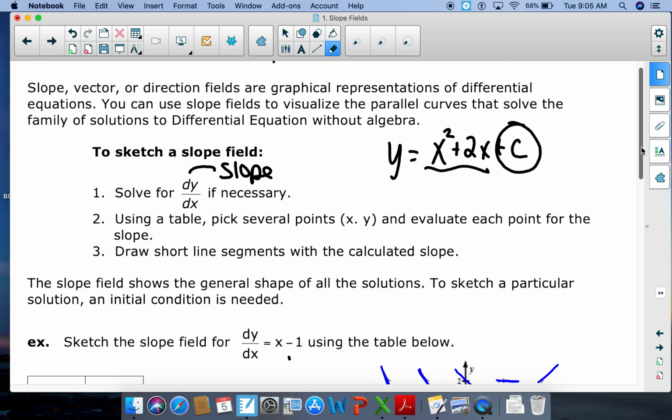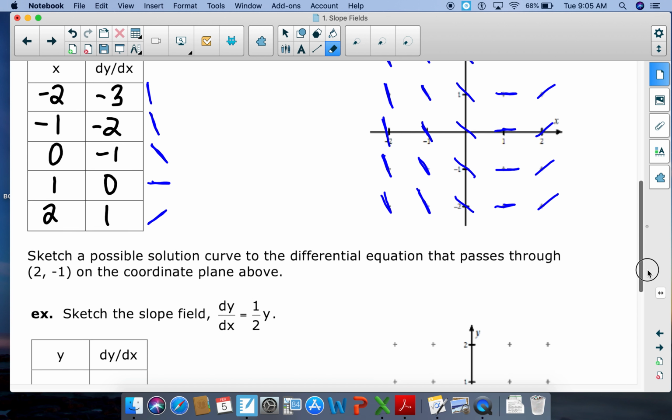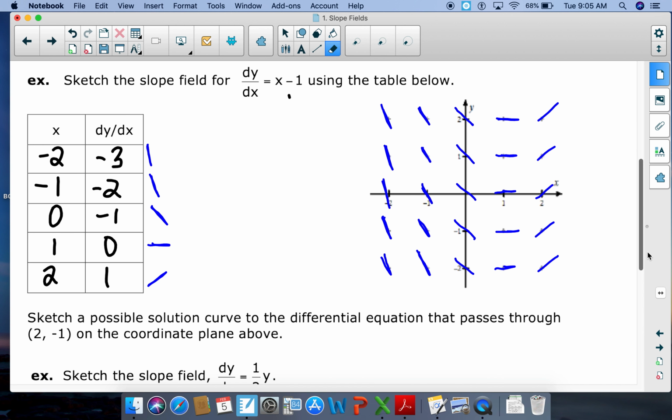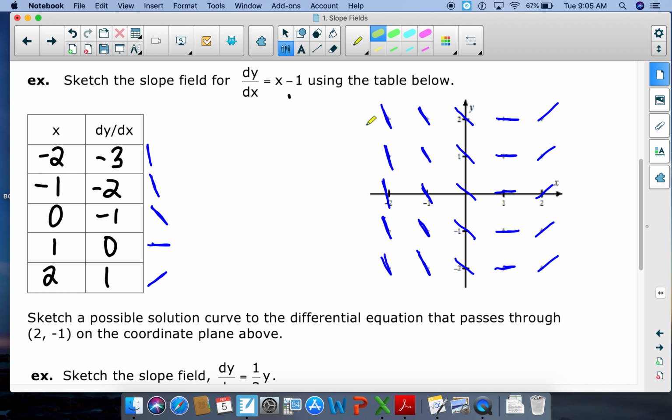Okay, so if I give a point, and you might want to take a highlighter out for this next part. If I have a point, I can actually sketch out my exact function without ever taking the antiderivative.